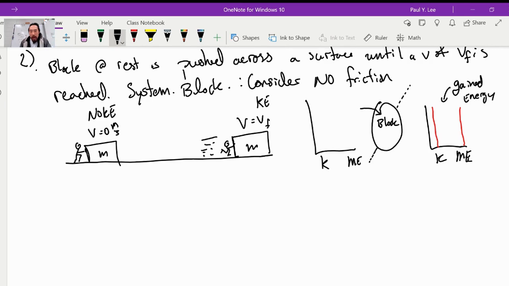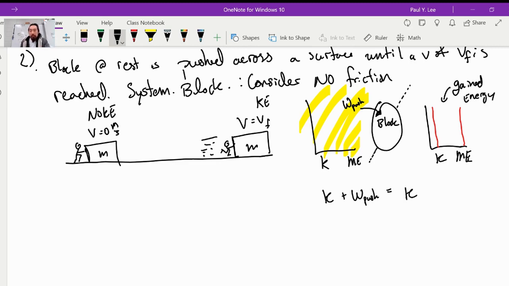So we're going to draw an arrow that goes into the system, and we're going to say work done by the push. Okay, so this becomes your formula. Remember, everything on this side is on the left-hand side of the equal sign. So we can say K plus W push is equal to K.